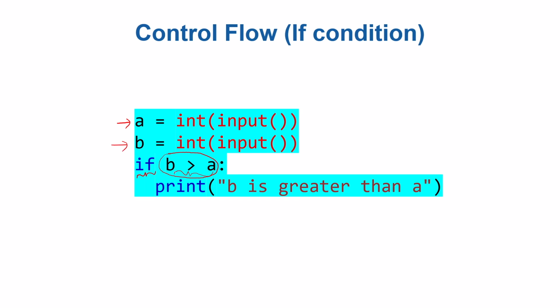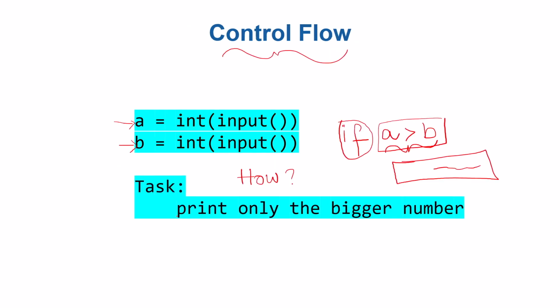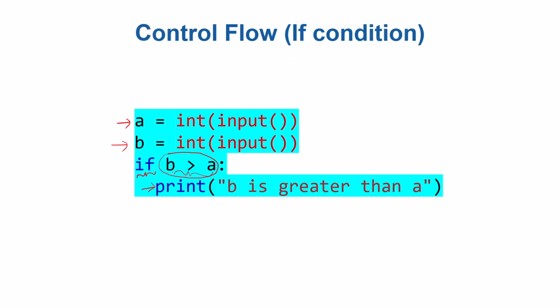Whatever the result of this operation is, if that is true, then you go into this block, and whatever the statement inside is, do that. For example, print B is greater than A. Now my question is, are we done with the task? The task was to print the bigger number. If B is greater than A, then B will be printed.